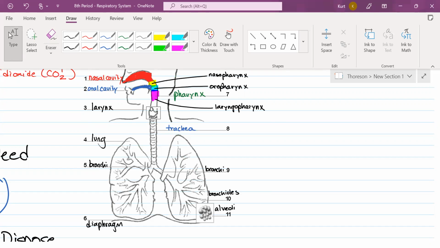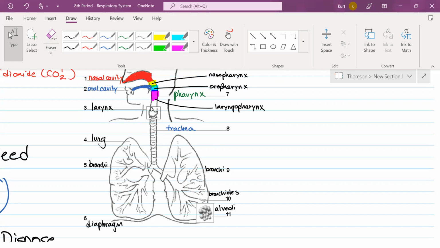Your lungs are connected to the outside world. That's why we call this external respiration, because although it is in your lungs and in your body, it is still connected to the outside world. If I threw a pebble in your mouth, it could get to your lungs. It came from the outside world.